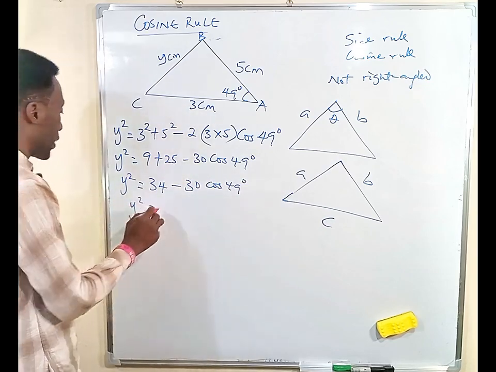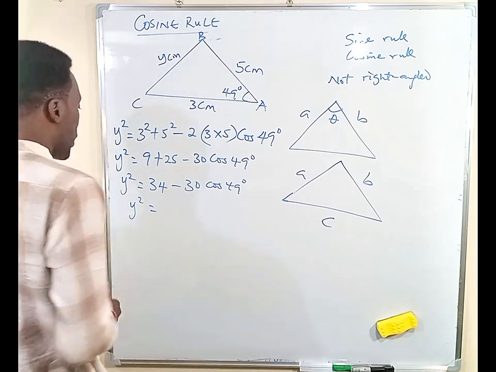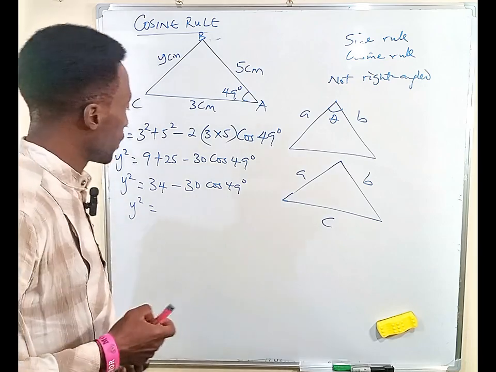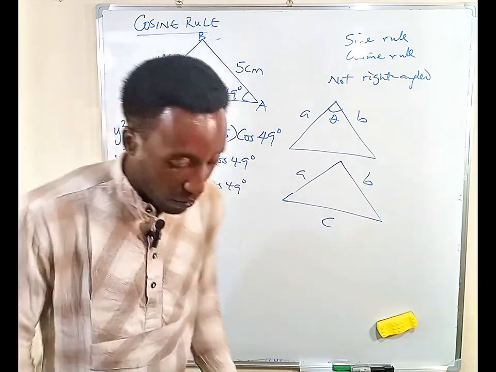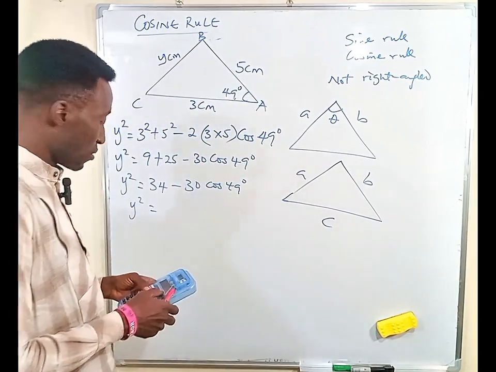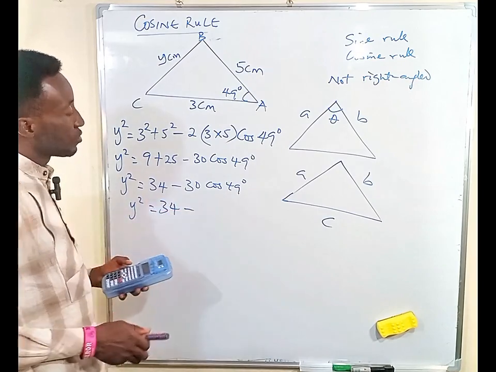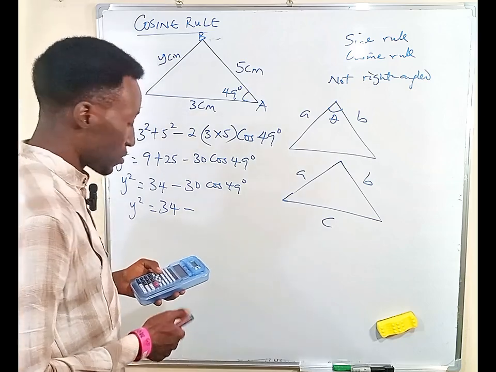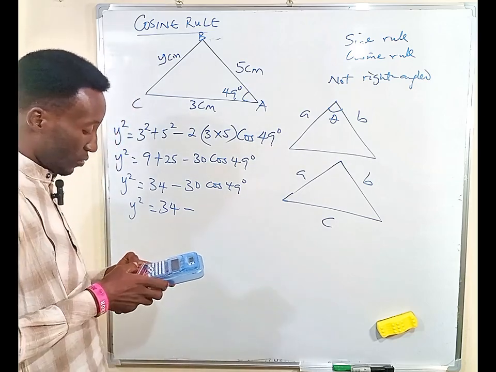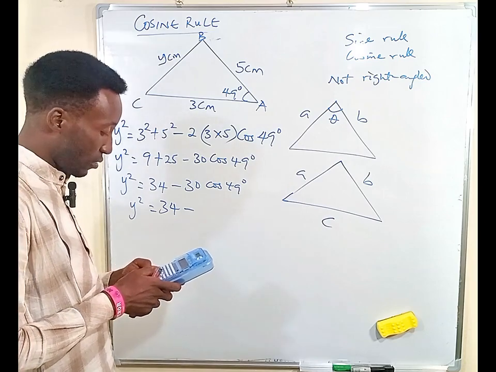So when I take up my calculator, I have 34 minus 30 cos 49. First of all, let me get my cos 49.